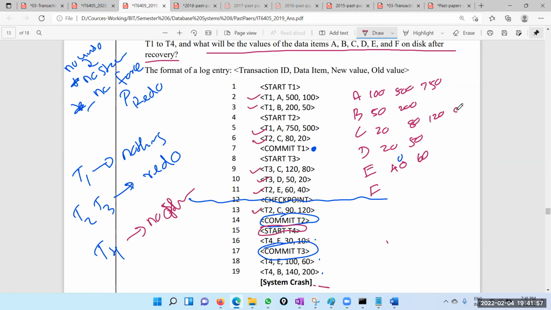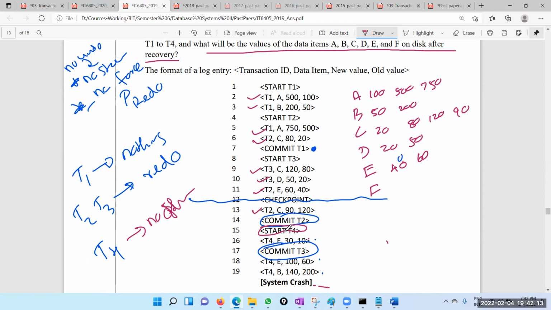So that is 120 to 90. Okay. So old value, new value. Now transaction 2 and 3 we are anyway going to commit or redo. So that is why we took those things.